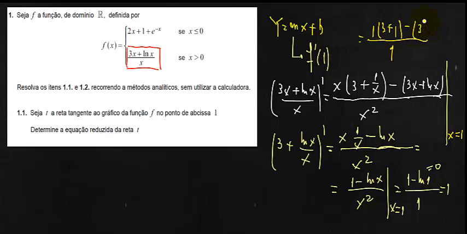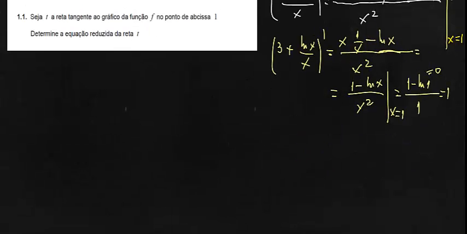So I would get 3 minus 3, which is 0, so I have 1. Okay, it is the same value, so I think that I made the correct calculations. So now in this part of my calculations I get y equals x plus b.